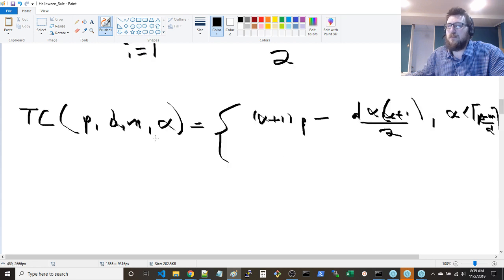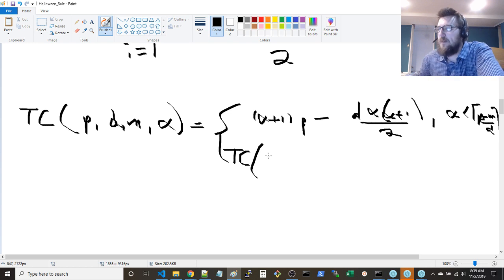And then this total cost is going to change to TC of, now there's this breaking point, right? P minus m minus d over d. It's going to be the ceiling of, right?